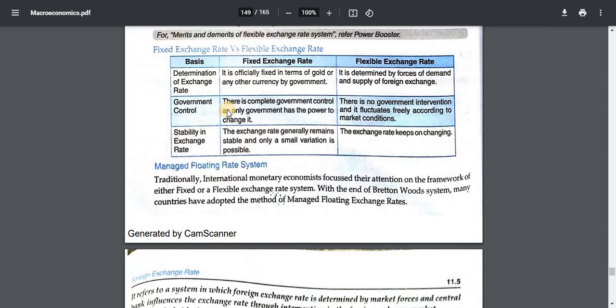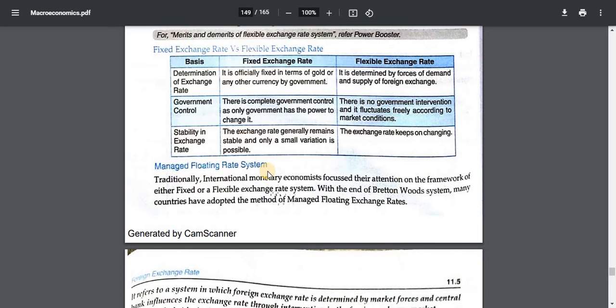Government control: in a fixed system, there is complete government control as only the government has the power to exchange it. In a flexible system, there is no government intervention and it fluctuates freely according to market conditions. Stability in exchange rate: in a fixed system, the exchange rate generally remains stable and only a small variation is possible. In a flexible system, the exchange rate keeps on changing.